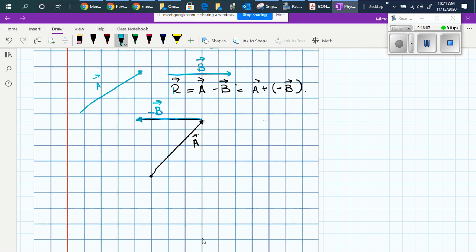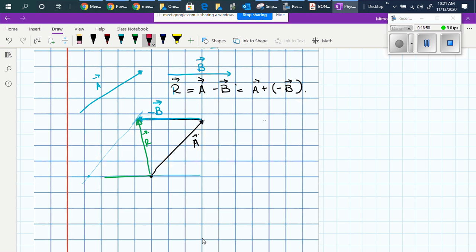Now, using those two lines, A and negative B, we will construct a parallelogram. So we'll draw a parallel to A, and we will draw a parallel to B. Okay, this is the closed polygon method, which will give us the resultant here. And if we are now drawing the parallelogram method, we will have the same thing.